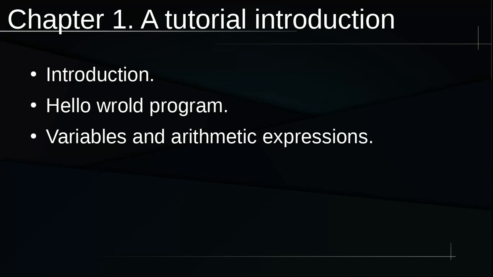We write the C program in a file with a .c extension, and compile that file using a compiler. What the compiler does is convert that file into executable code. We can execute that code and the computer runs what we have instructed in that program.